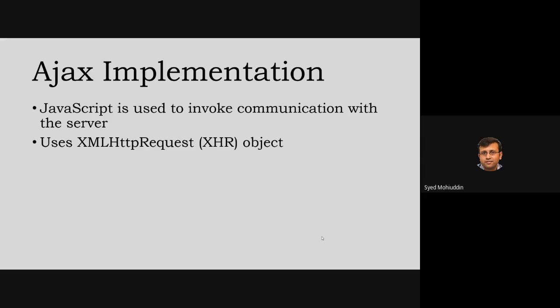This special object is known as the XML HTTP request object, or mostly the short form is used: XHR object. If you remember, in servlets we had the HTTP servlet request class, or we create an object of HTTP servlet request.